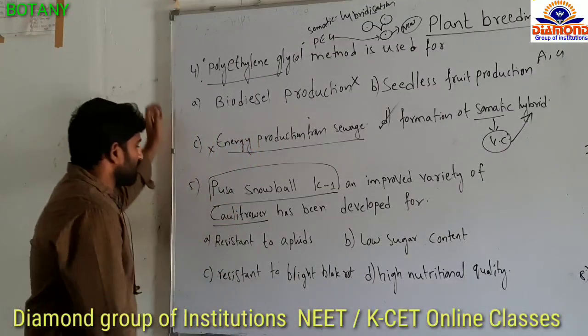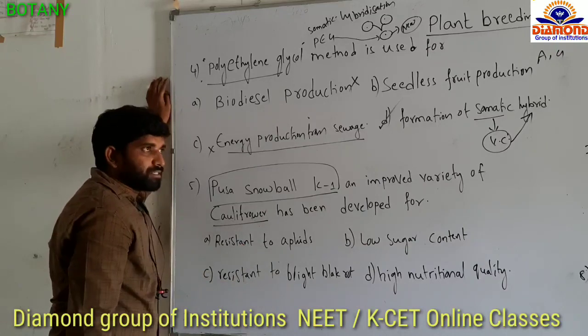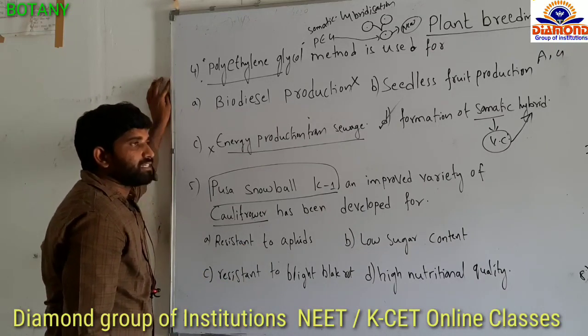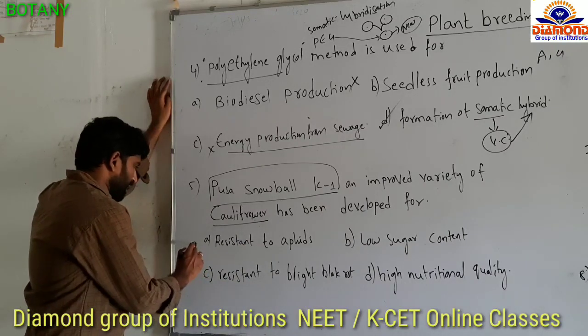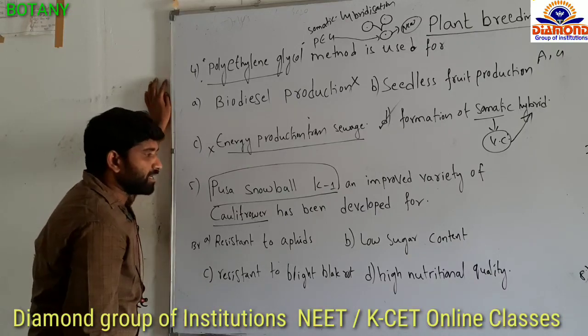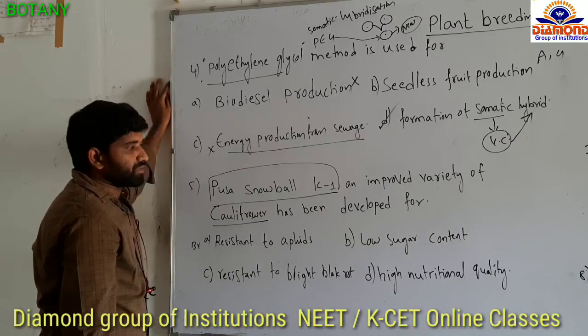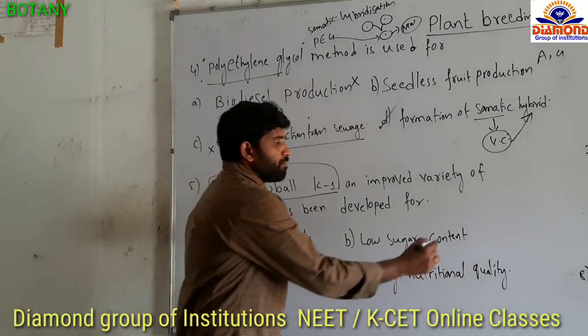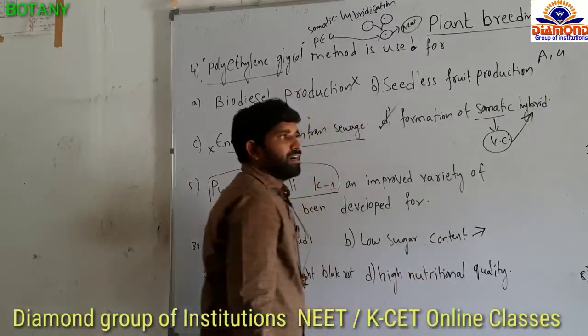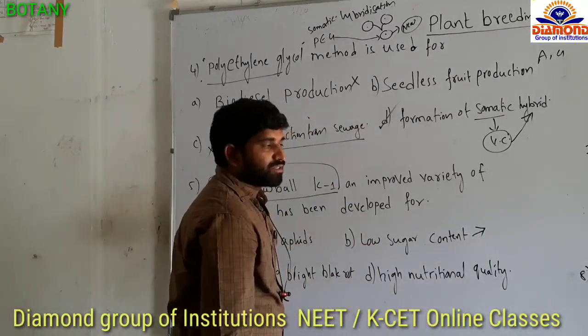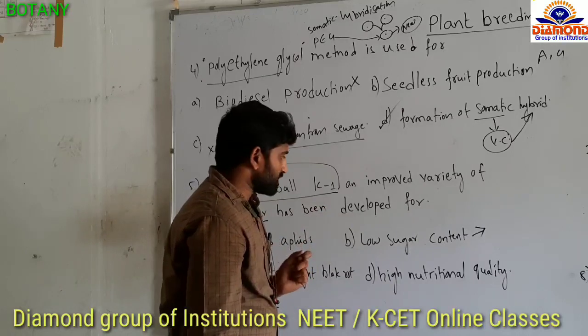Now, resistant to aphids is seen in brassica. Low sugar content is a morphological character of the plant for resistance to insects and pests.